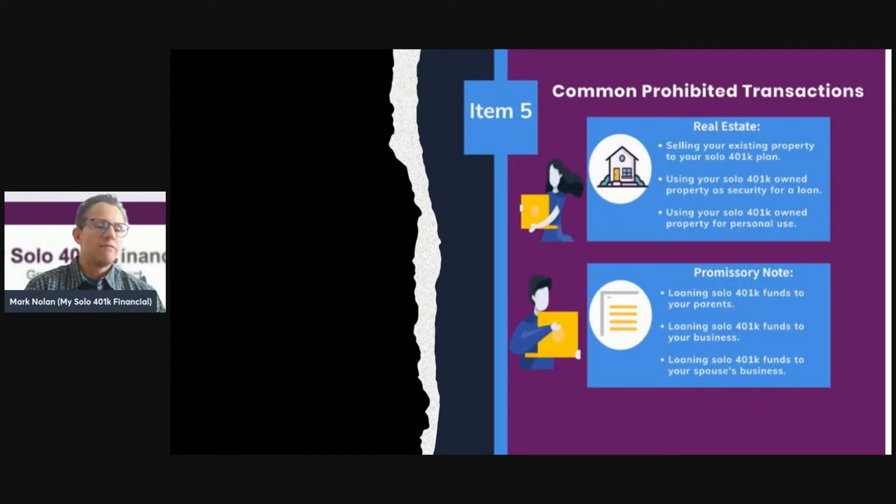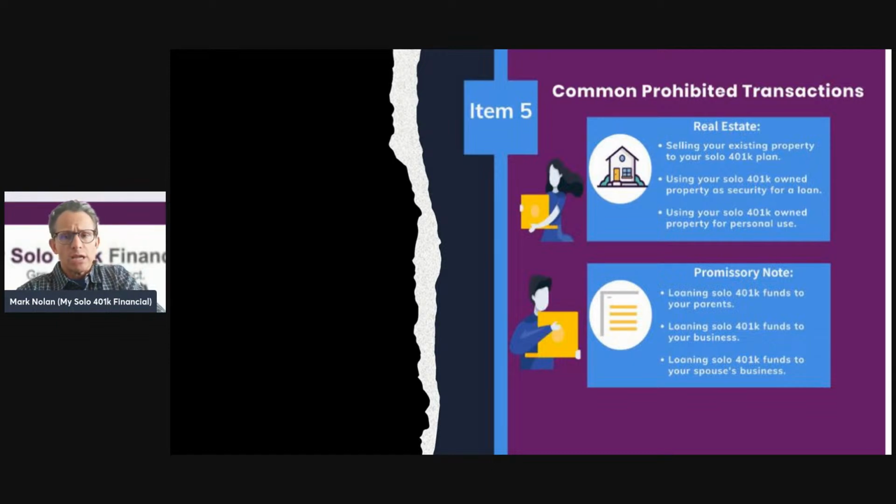Now, when investing in a self-directed 401k, especially in alternative investments, you need to be aware of the prohibited transaction rules. So just like self-directed IRAs are subject to the prohibited transaction regulations, the same is true for the self-directed 401k, also known as a self-directed solo 401k.